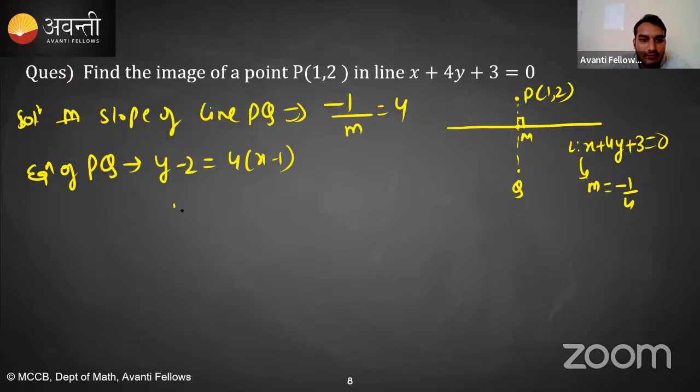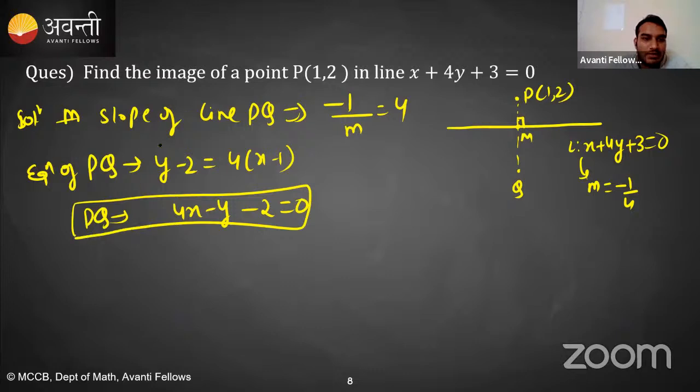So it is nothing but 4x minus y minus 2 is equal to 0. Is this clear or not, student? So far clear? This is the equation of PQ.